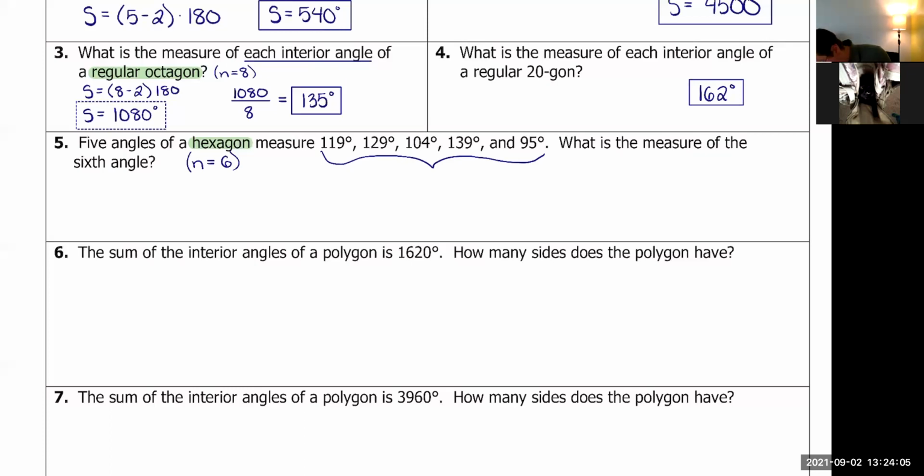So right now we have 586 degrees in our hexagon.